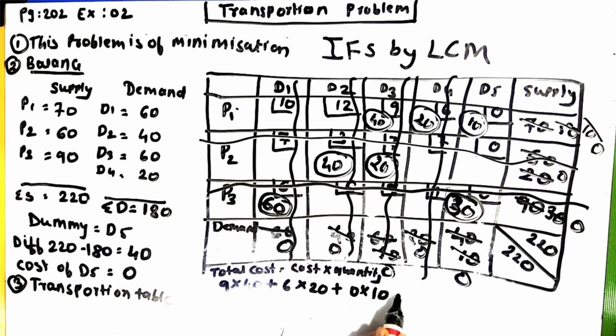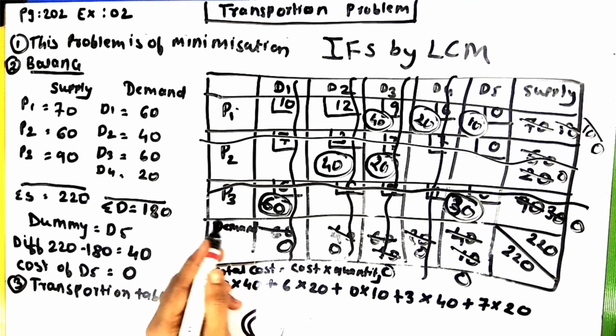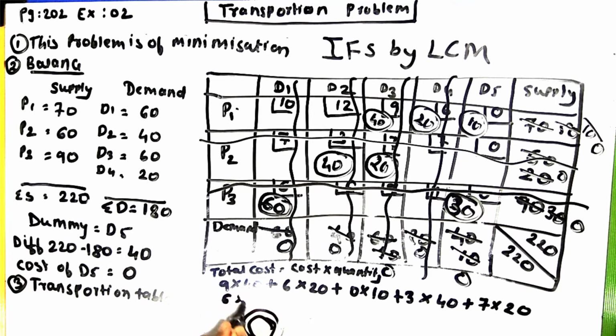Then next we have plus 3 into 40, then 7 into 20. Then P3 D1 is 6 into 60, plus 0 into 30, which is our last cell, cost is 0 and the allocation is 30.